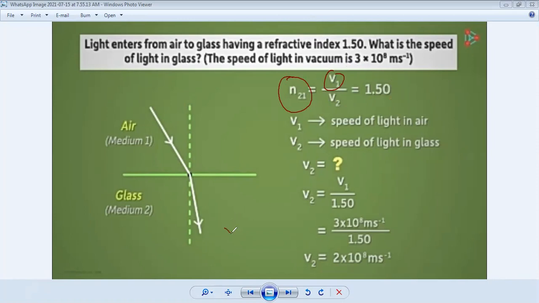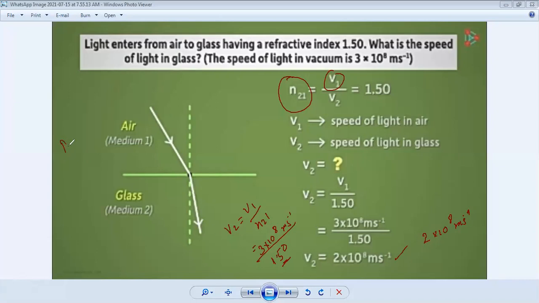So V2 is equal to V1 by N21. What is V1? 3 into 10 to the power of 8 meters per second, the velocity of light in air, divided by the refractive index, 1.50. Do a little math and you will get the answer. The velocity of light in the glass medium is 2 into 10 to the power of 8 meters per second.